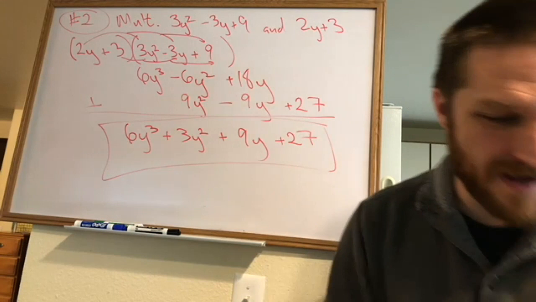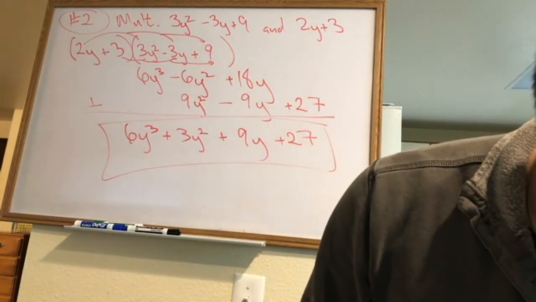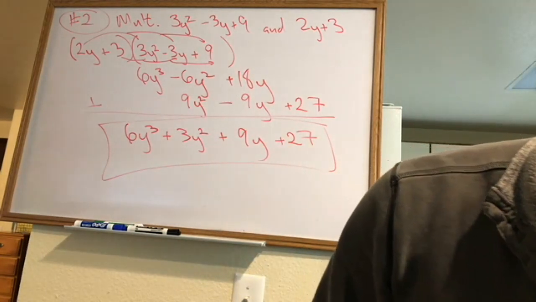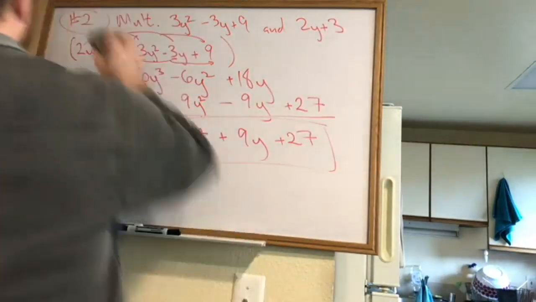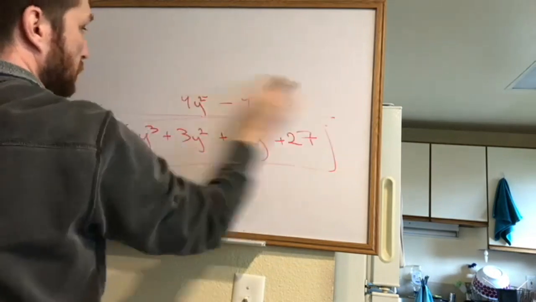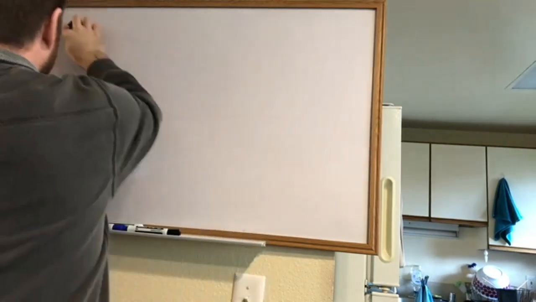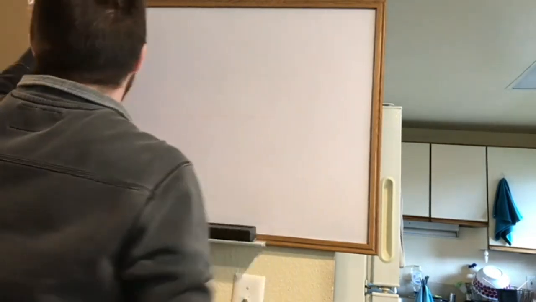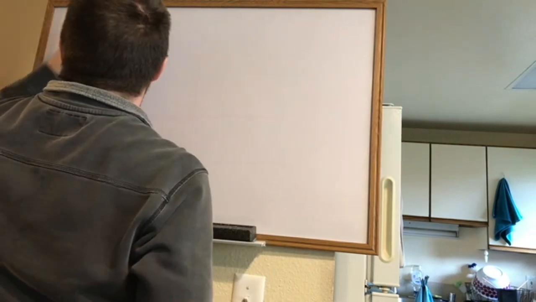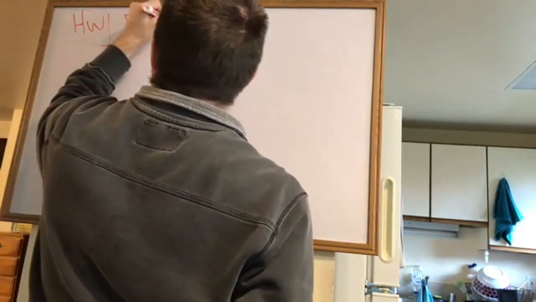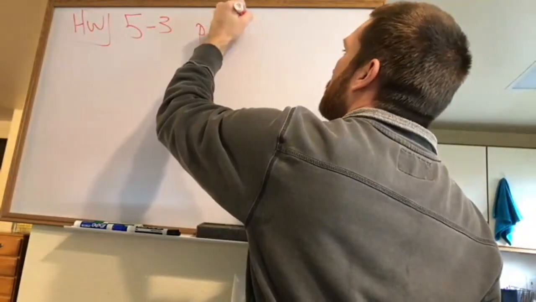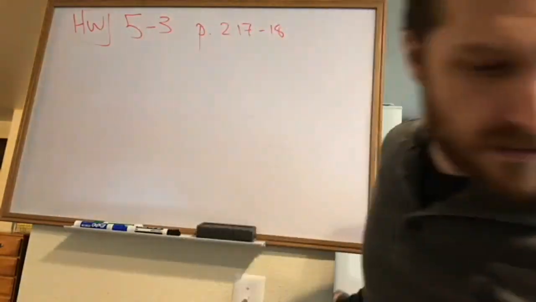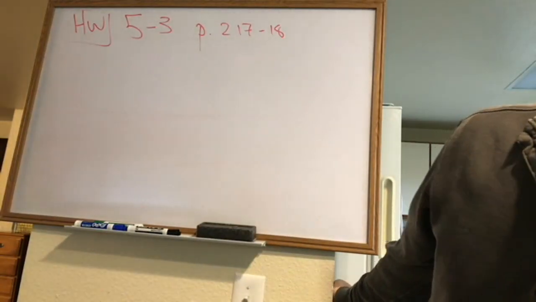Yeah. All right. Okay. Now, homework. So we are in chapter 5, section 3. This is page 217 through 219, I believe. Okay.